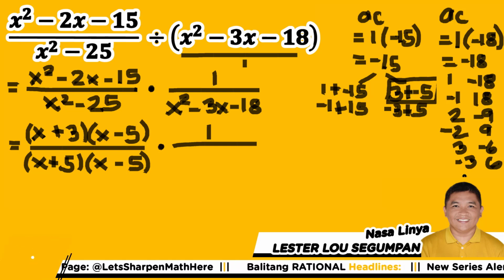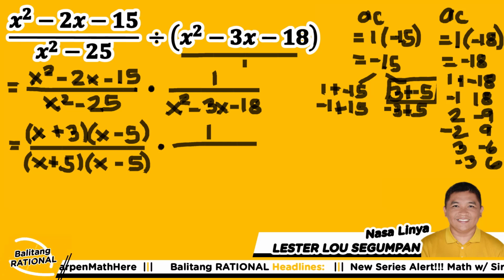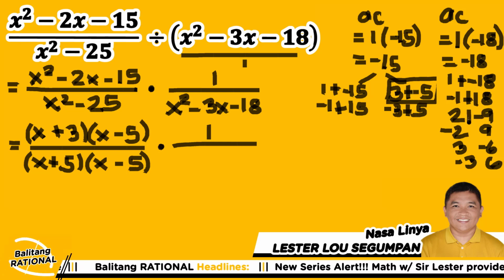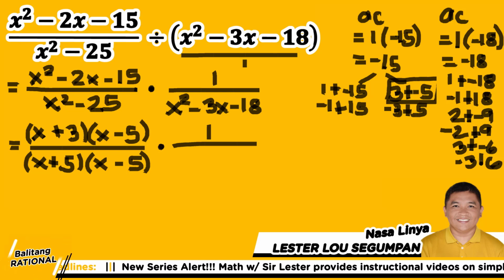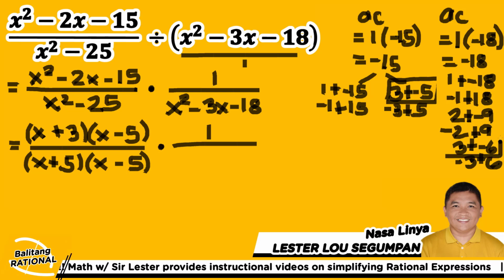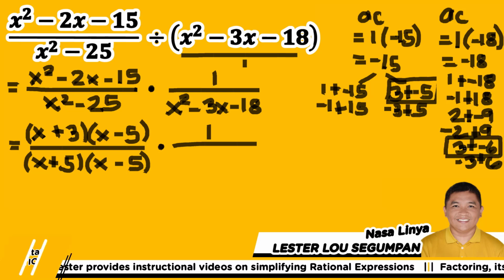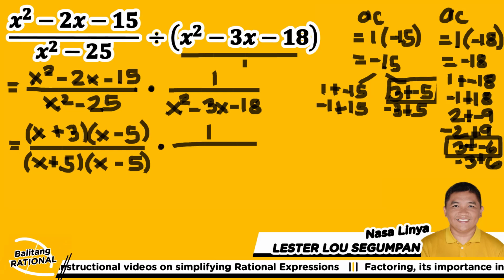Now, let's add all of this and let's see which pair of factors will result to our middle term or the middle coefficient of negative 3. And we have this pair. 3 plus negative 6 is negative 3. 3 times negative 6 is negative 18.